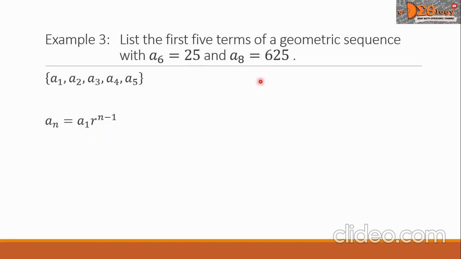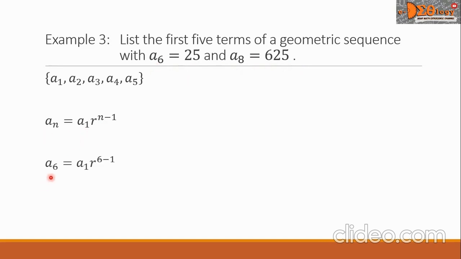So let us derive the first term and the r based on the given a sub 6 equals 25 and a sub 8 equals 625. Let us begin with a sub 6. Let us write this a sub 6 with respect to the general term formula.